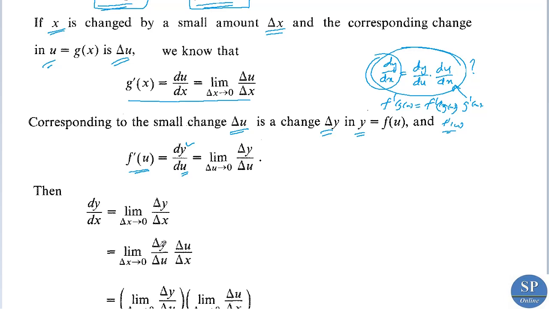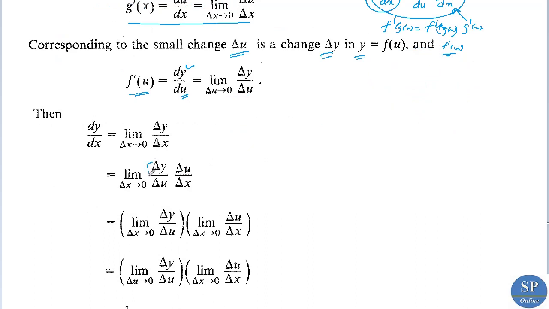So we have the limit of the product of these two functions. Therefore, by the properties of limits, it will be the product of the individual limits, that is, limit delta x tends to 0 of delta y by delta u into limit delta x tends to 0 of delta u by delta x.